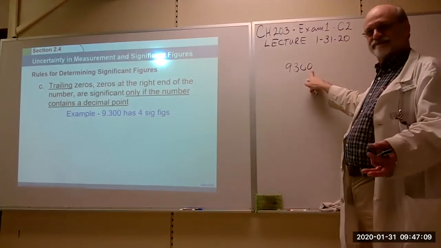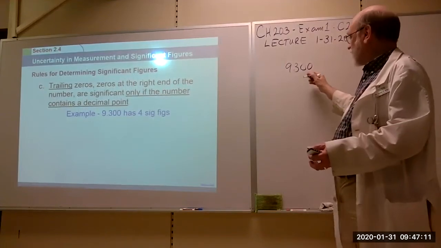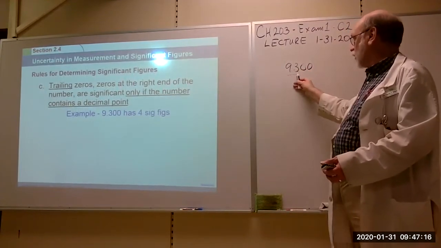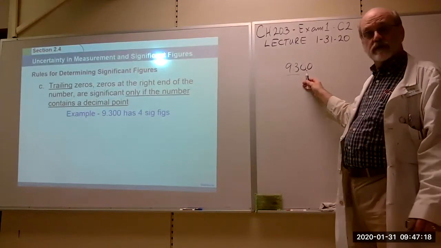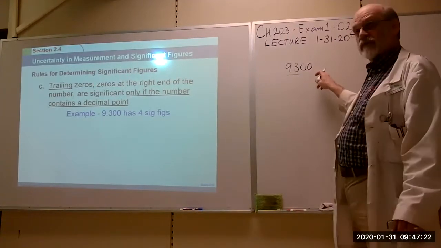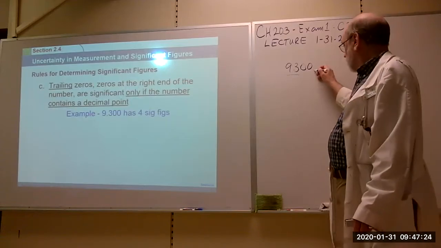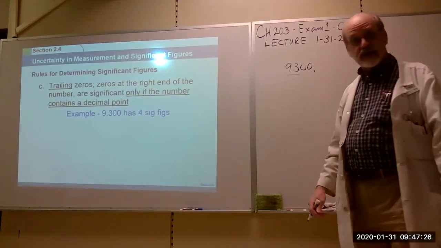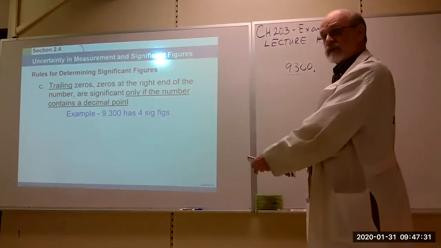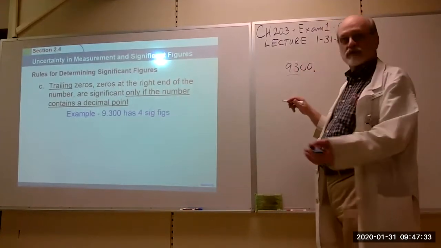Okay, see what I mean? That means these are the only two significant figures, one certain, one uncertain. Those zeros don't count if there's no decimal. So if you want those to count in a measurement, you put a decimal there. Or if it happens to be 9.300, you put the decimal where it's supposed to be.